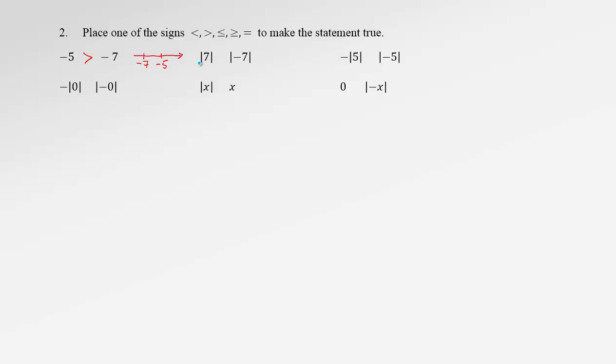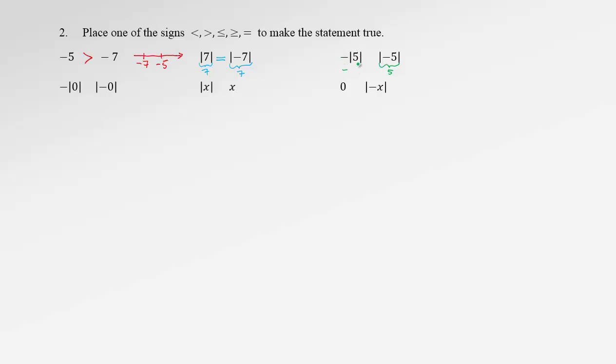Now, if we need to compare absolute value of 7 and absolute value of negative 7, well, since absolute value of negative 7 is actually the same as 7, and absolute value of 7 is the same as 7, then we should place an equal sign. These two are equal. Next, to compare these two expressions, absolute value of negative 5 is just 5.